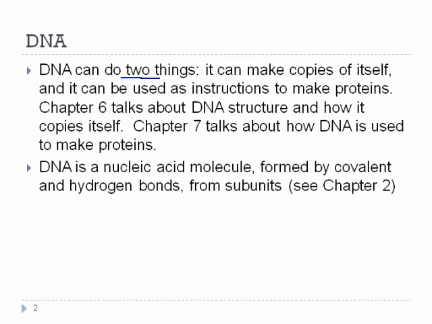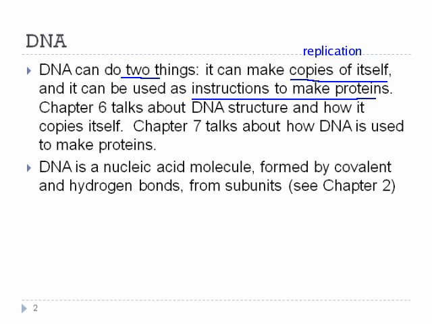DNA can do two things, and we're going to talk about both of those things in Chapter 6 and Chapter 7. The first thing that it can do is make copies of itself, and that's called DNA replication. The second thing that it can do is be used as instructions to make proteins.